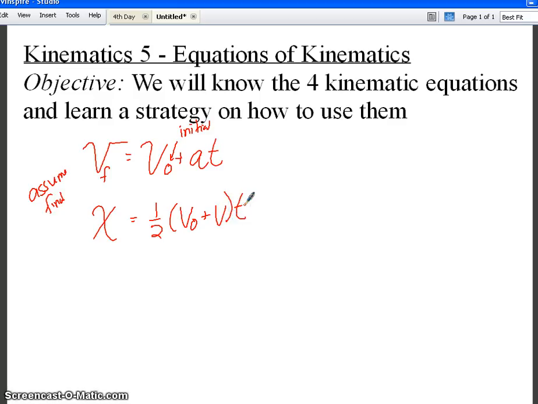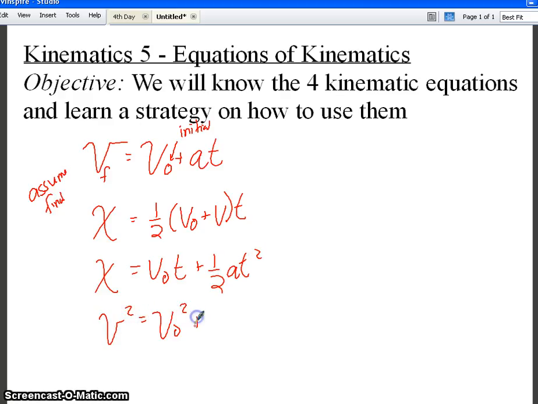We have displacement equals initial velocity times time plus 1/2 a t squared, and then we have v squared equals v naught squared plus 2a delta x. So we have these four equations.